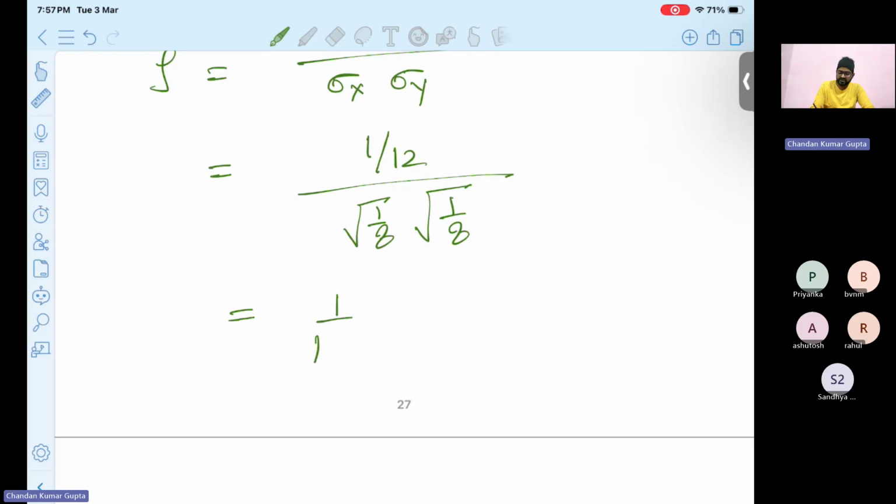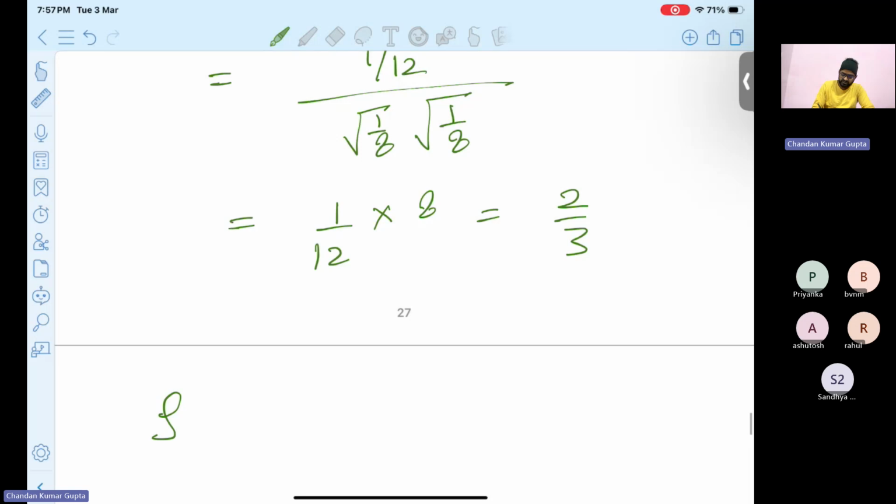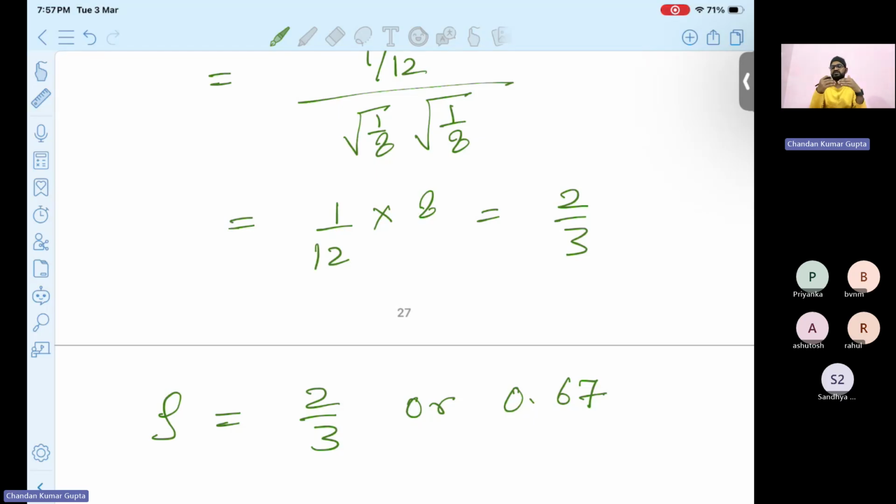So it's 1 by 12 into 8, which comes out to be 2 by 3. So rho is 2 by 3, or 0.67, which is positive. That means we can say roughly 67% kind of linear association between the random variables x and y for the given distribution.